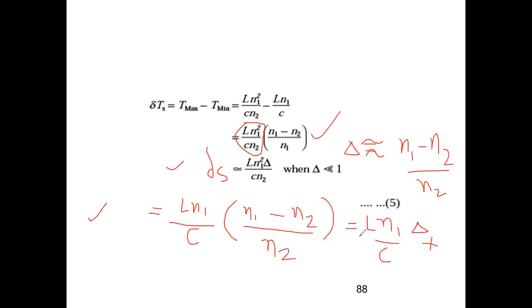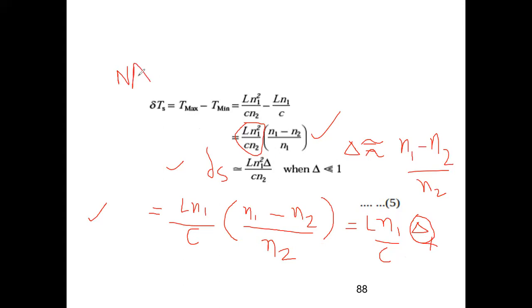Okay, now the value of delta you already know in terms of NA. So if they expect you to give the formula of tau s in terms of NA, then in place of delta you have to replace it by NA. So now what is the relation between NA and delta? NA is equal to n1 square root of 2 delta. This is the formula that we have studied.